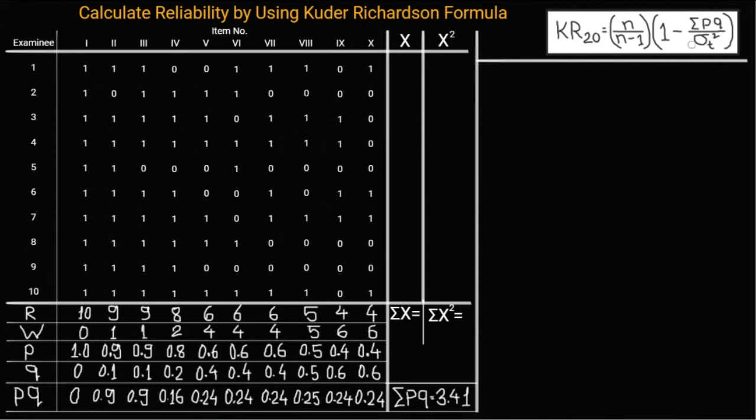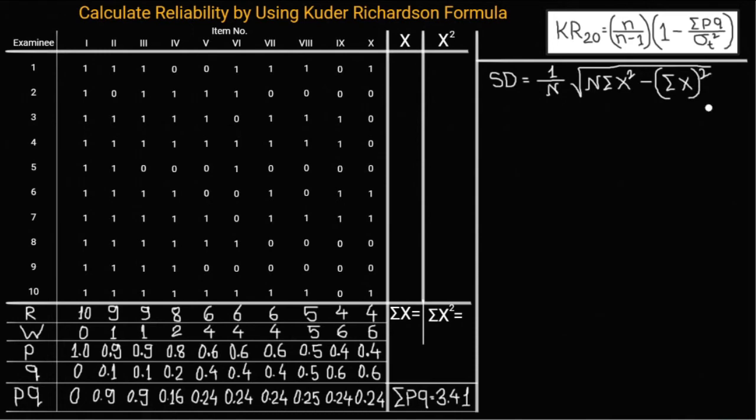So our next step is to calculate the variance. If we want to calculate the variance, then we first calculate the SD. Okay, the SD formula. So SD equals 1 by n, root over n summation x square minus summation x whole square.